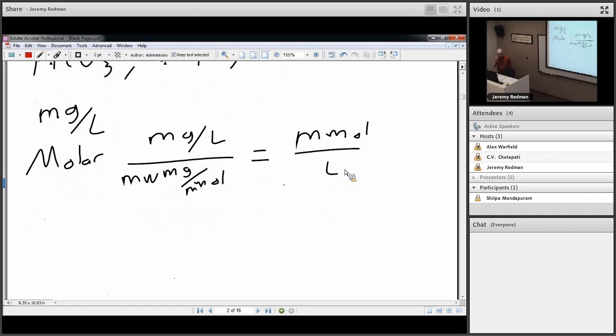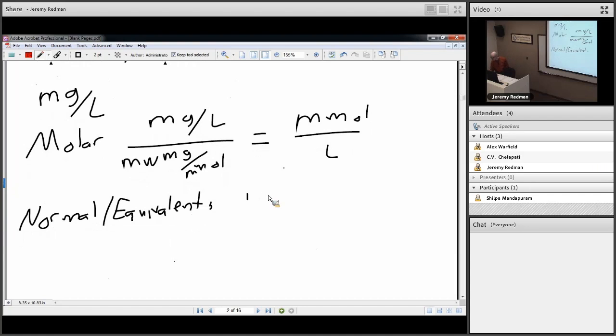We will also occasionally see problems that use a different set of units. They use normality or equivalence. And to convert from moles to equivalent units, we would take our concentration, millimole per liter, and multiply it by Z, where Z is the valence.